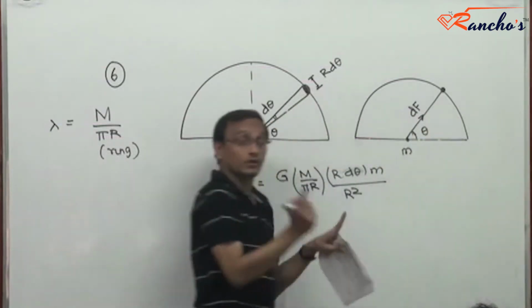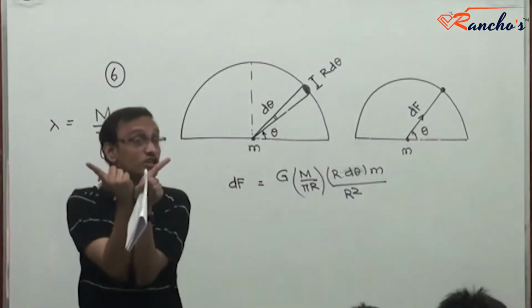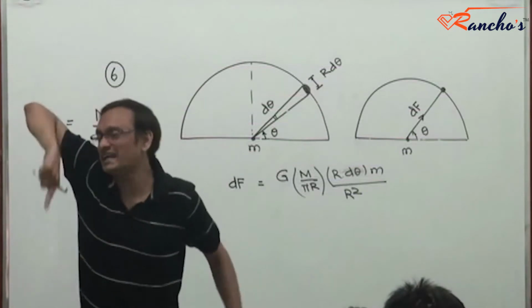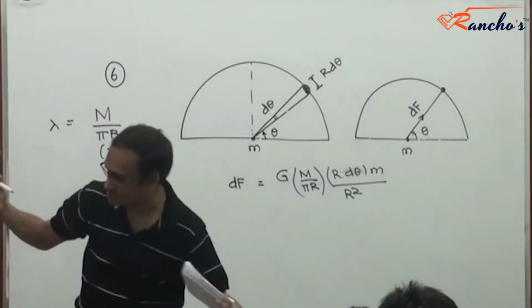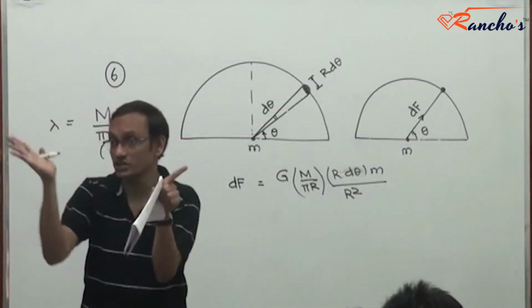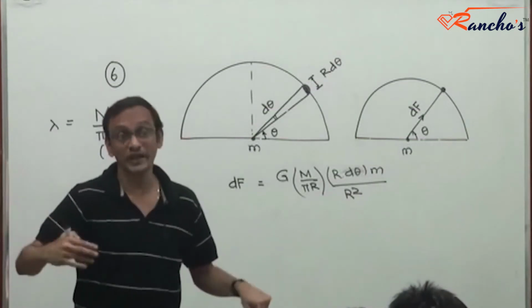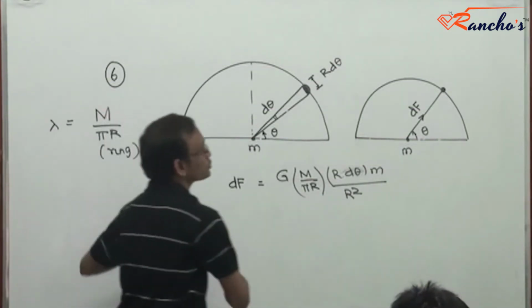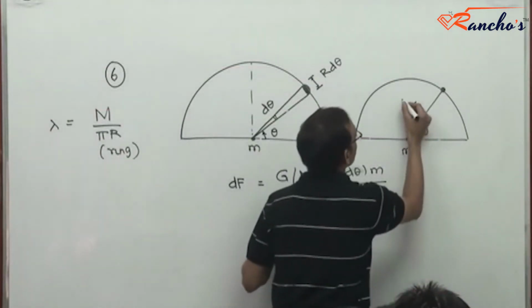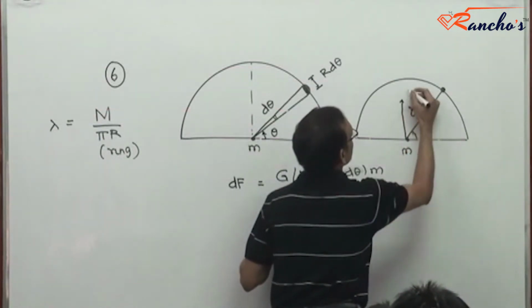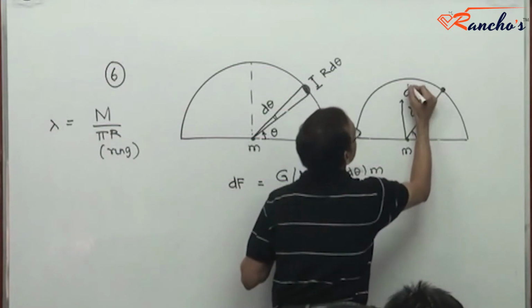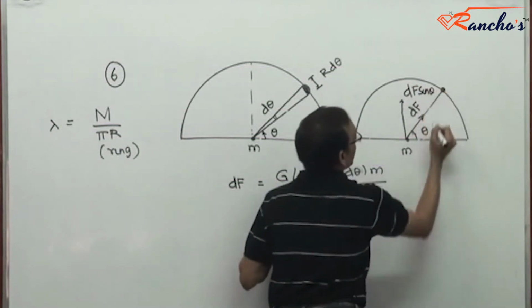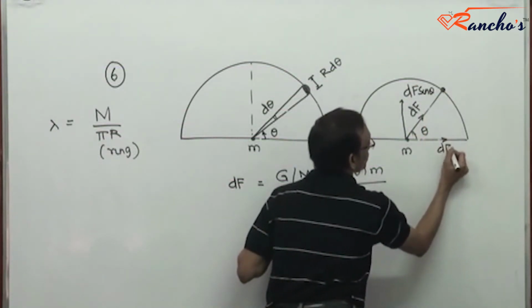That's the dF, but realize that the various dF's are in various directions. So you can't integrate dF to get the total force. These are dF vectors in different directions, so the net force is not the algebraic sum of these dF's. What you would have to do is resolve the dF as dF sin theta vertically and dF cos theta.